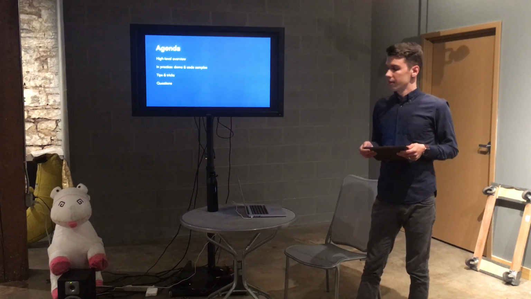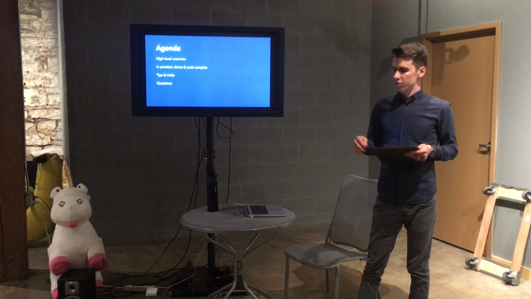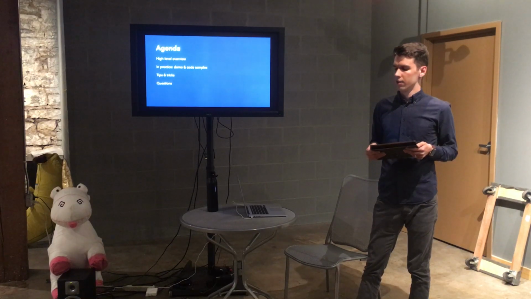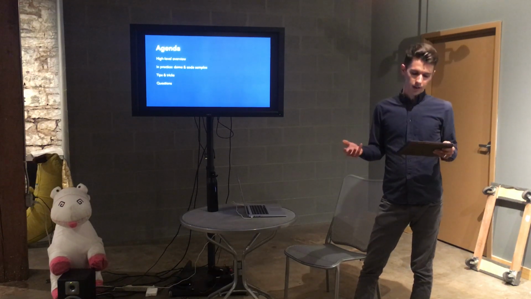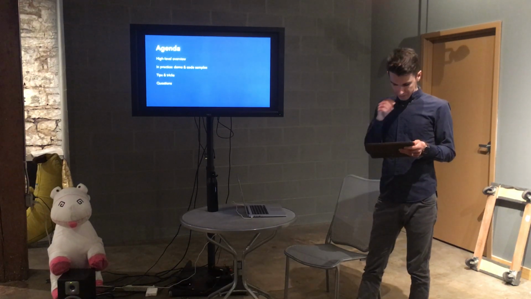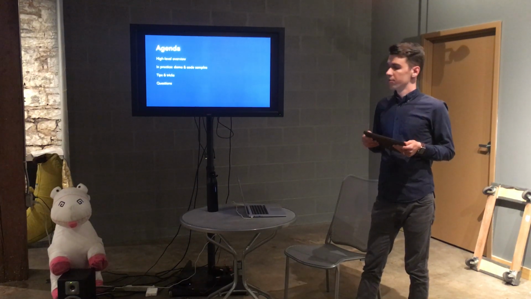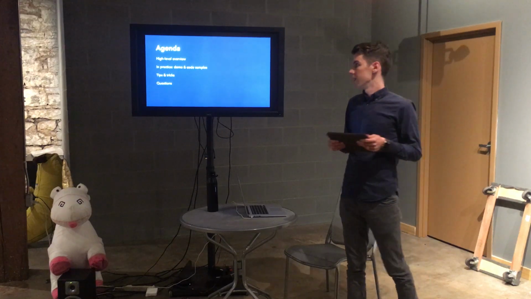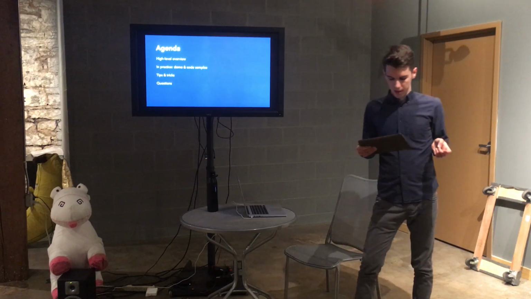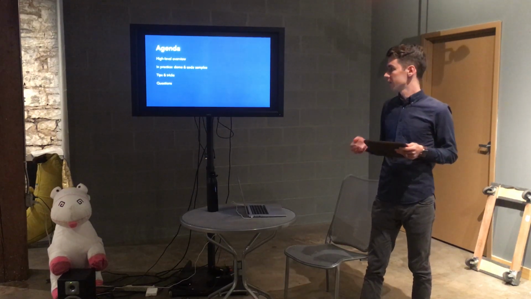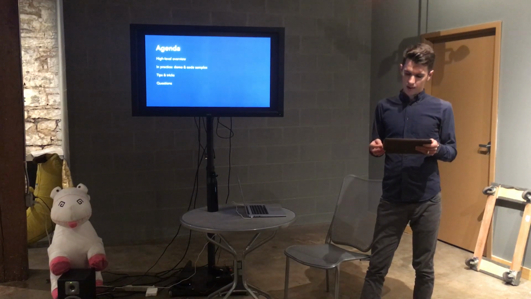We're going to cover some more complex cases and also some newer APIs and such like that. So after the high-level overview, we're going to look at a few demos and case studies in a sample project I made. Then we're going to do some tips and tricks, and have time for questions.